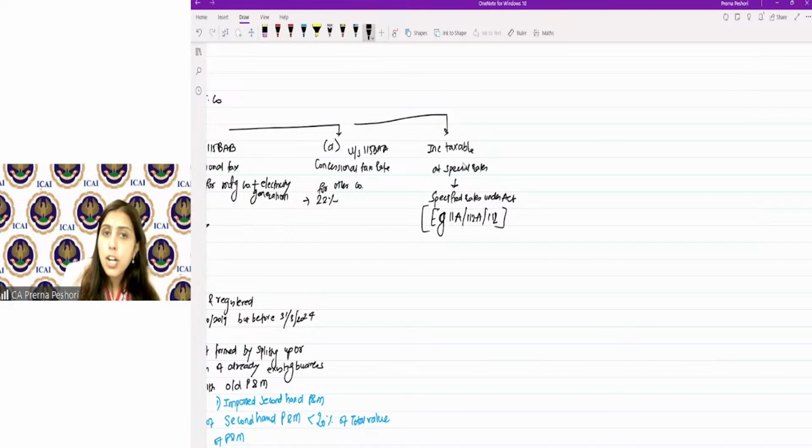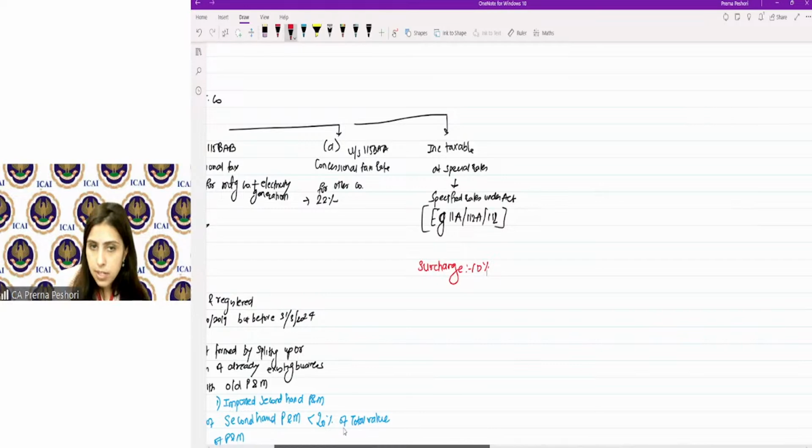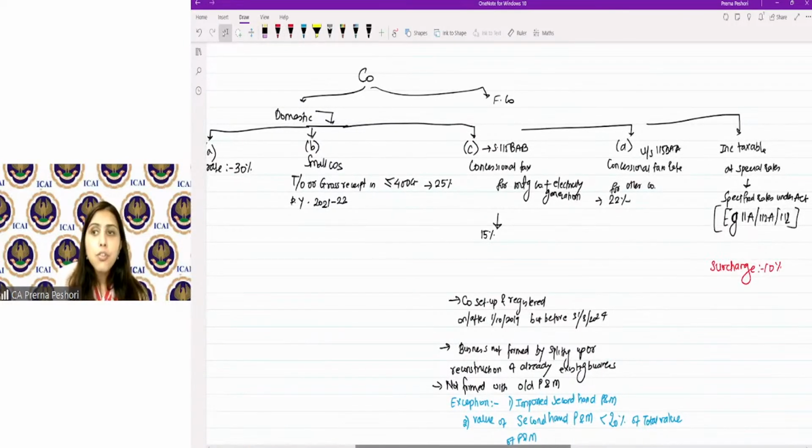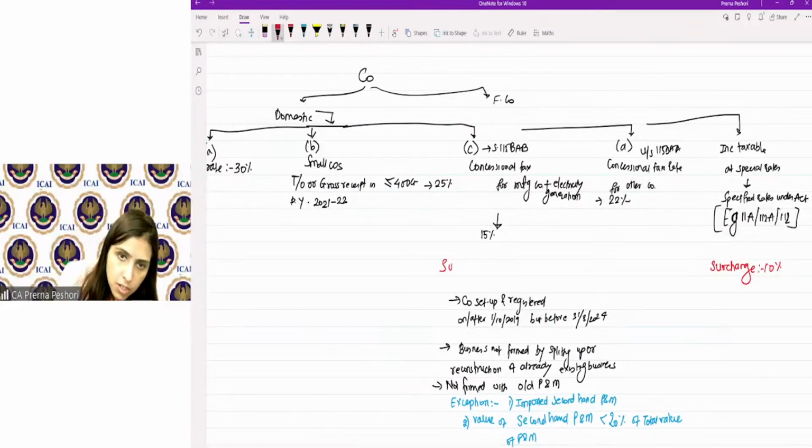But what will be my surcharge over here? The surcharge will be 10%. So even if my income is under 111A, 112 or 112A, my surcharge will be 10% because here also my surcharge is 10%.